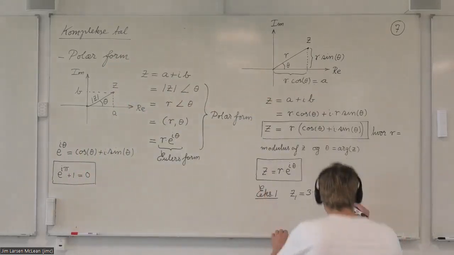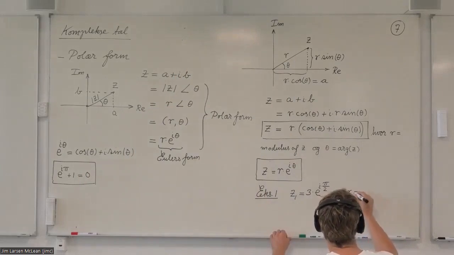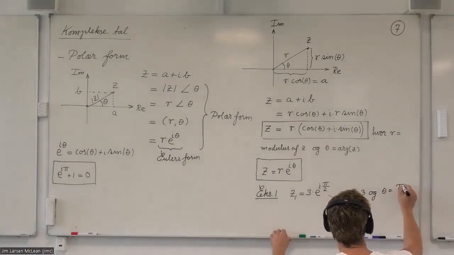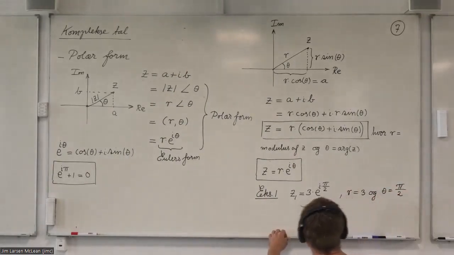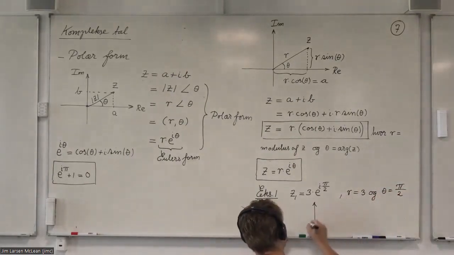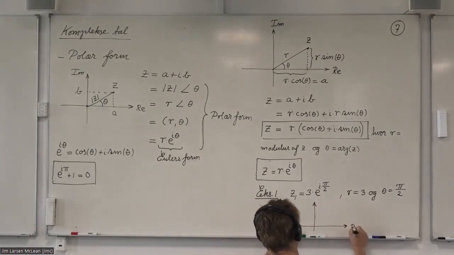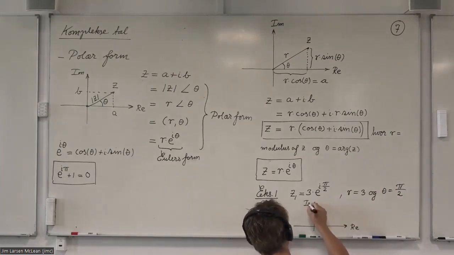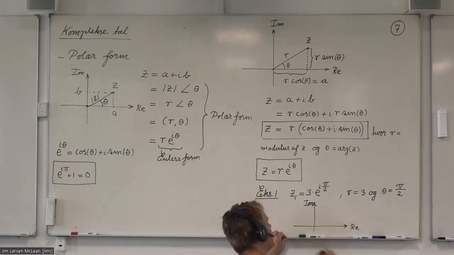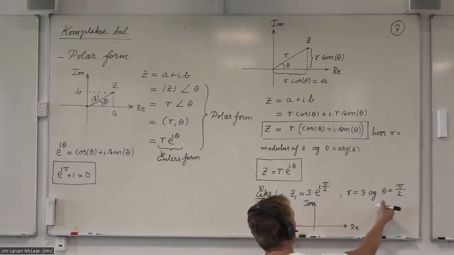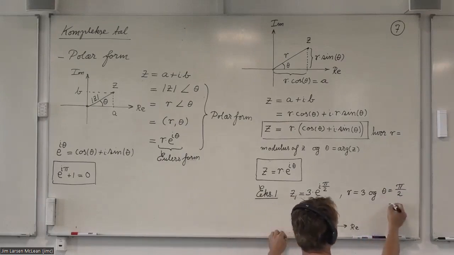So just like that, we can say that r is equal to 3 and theta is equal to pi over 2. And this means that I can draw where this complex number is positioned. It's the complex number that's on a circle with a radius of 3 and is rotated to an angle of 90 degrees, because pi over 2 is the same as 90 degrees.